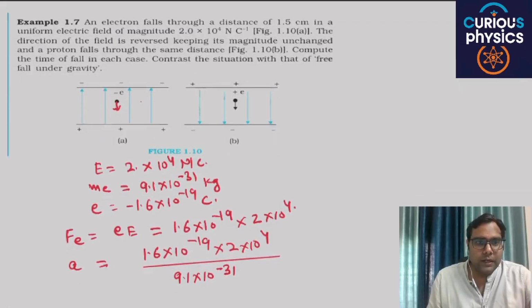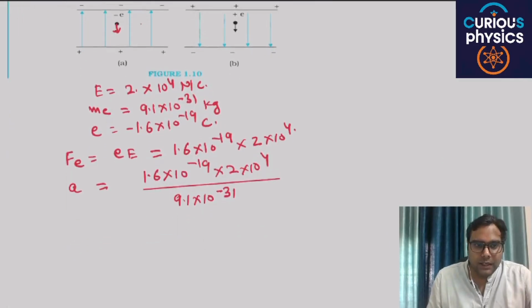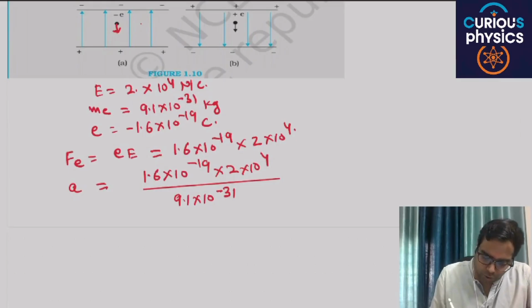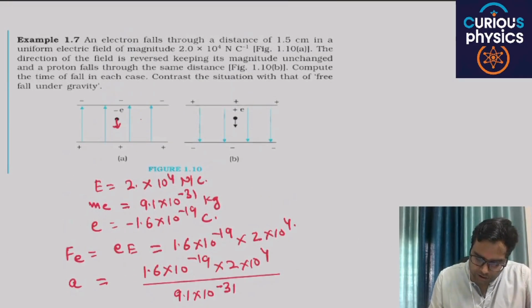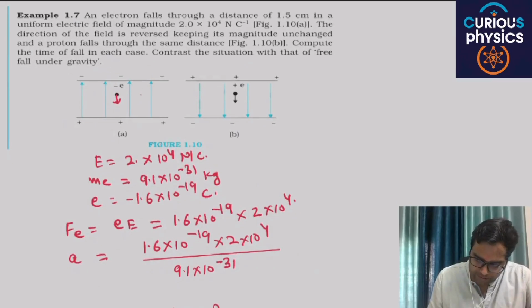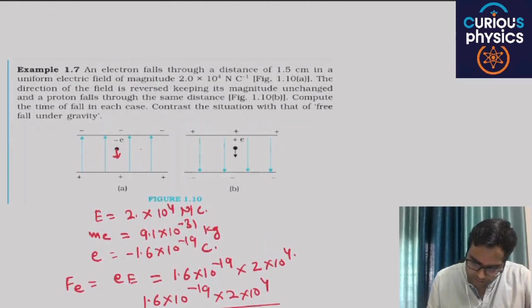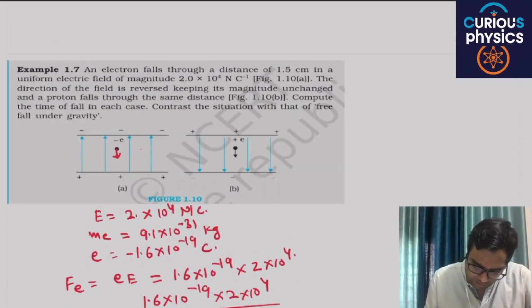So here you can compute the acceleration, and from the equation of motion for uniform acceleration, you know that the displacement is s equals ut plus half a t squared. Here the initial speed u is 0. We have the value of acceleration, and the question is to compute the time.